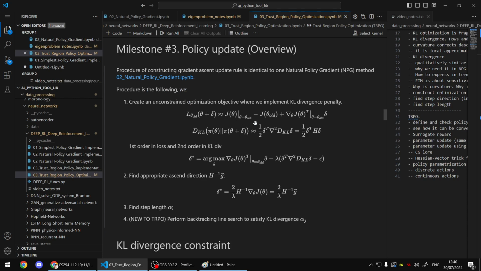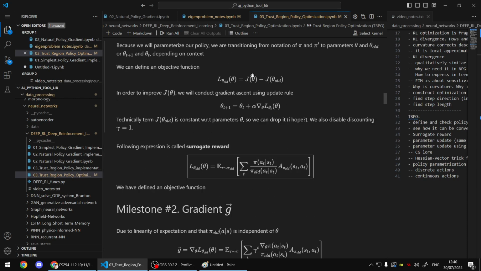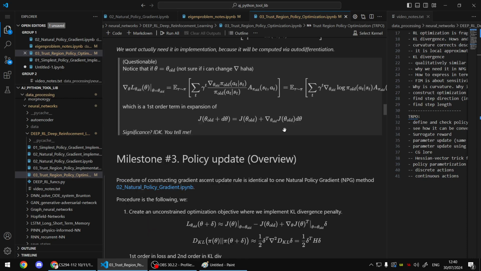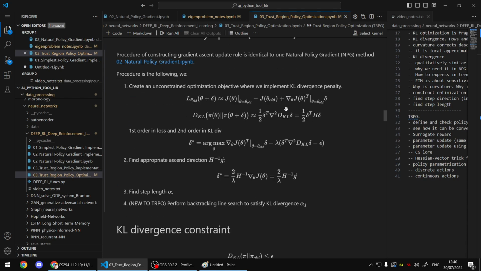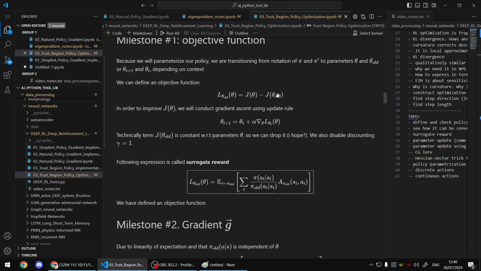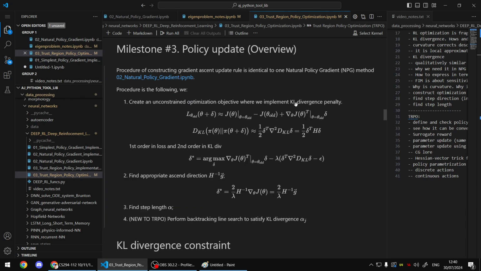But okay, this is the constant term, and the linear term, which is the gradient. It is here, of course. If we take a gradient with respect to old, it kind of vanishes.